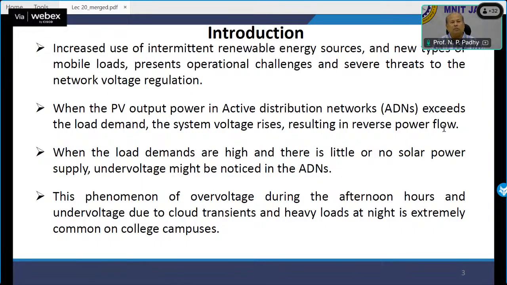Okay, so sometimes you have excess generation, voltage rise; under generation, you will have voltage down. So this phenomenon of over voltage during the afternoon hours and the under voltage due to cloud transient and heavy loads at night is extremely common on college campuses.